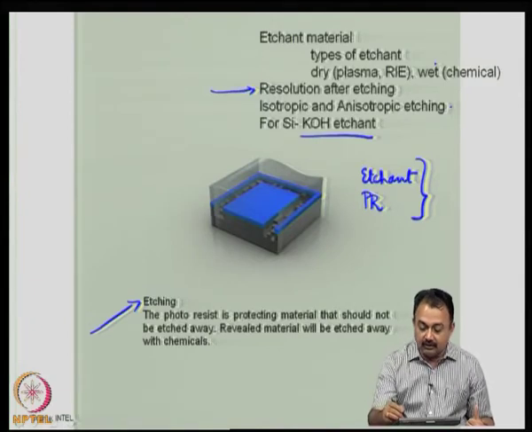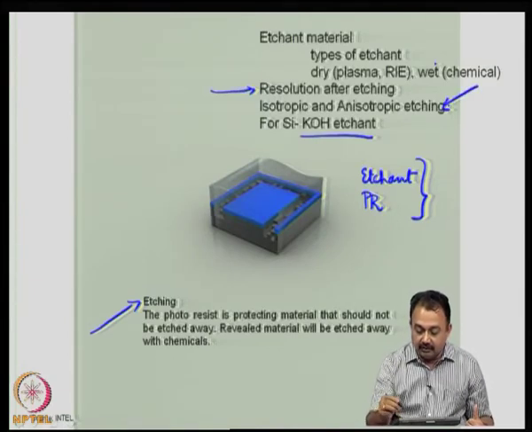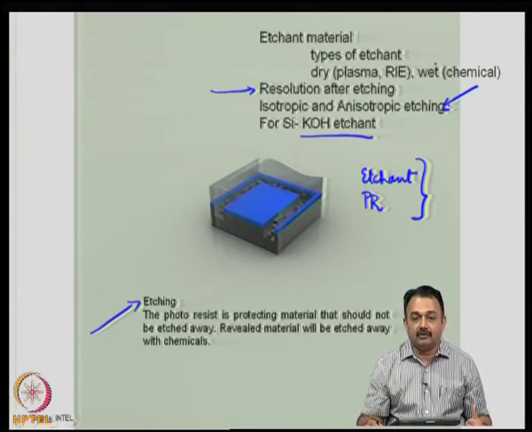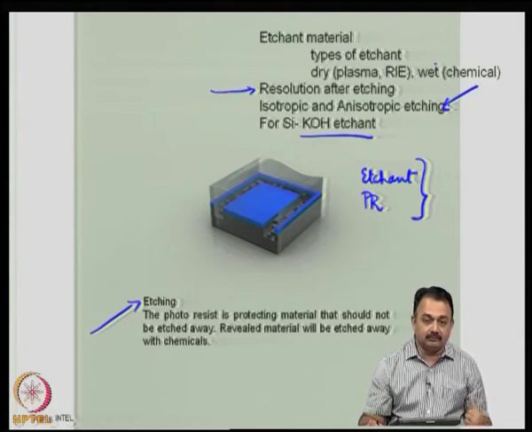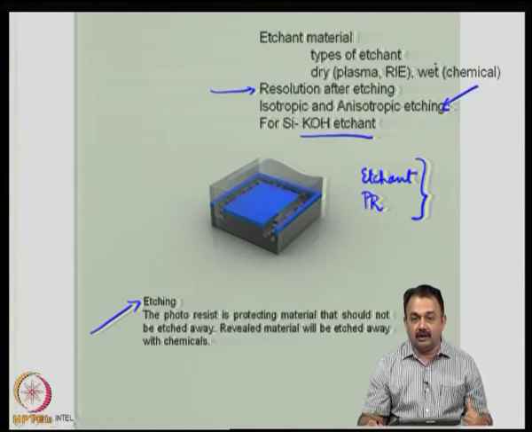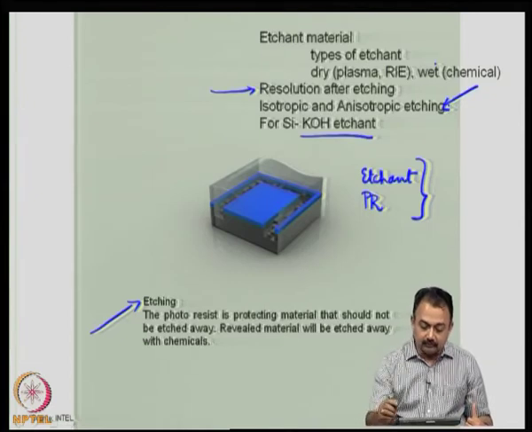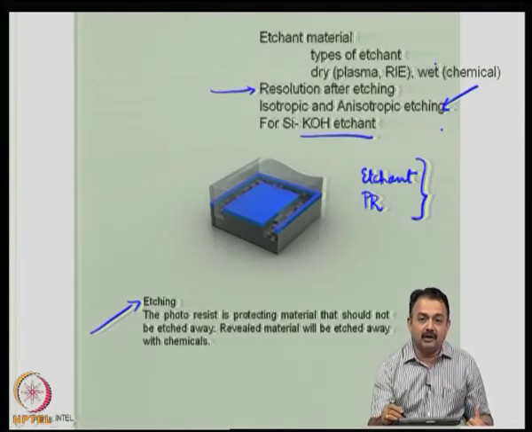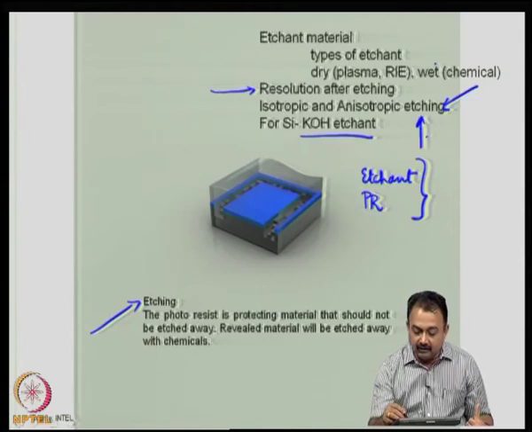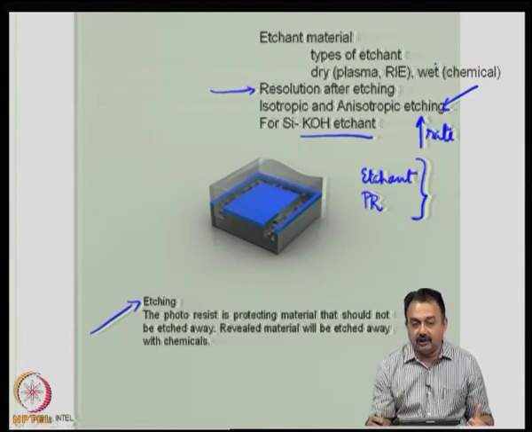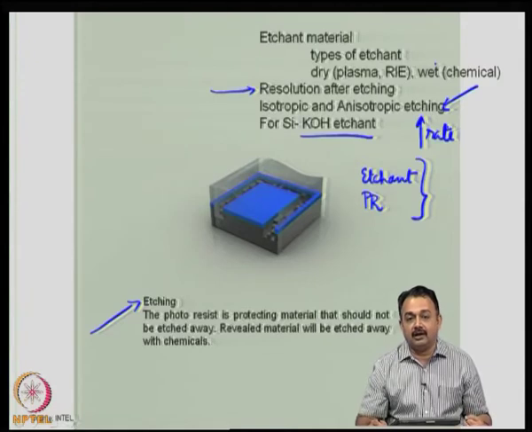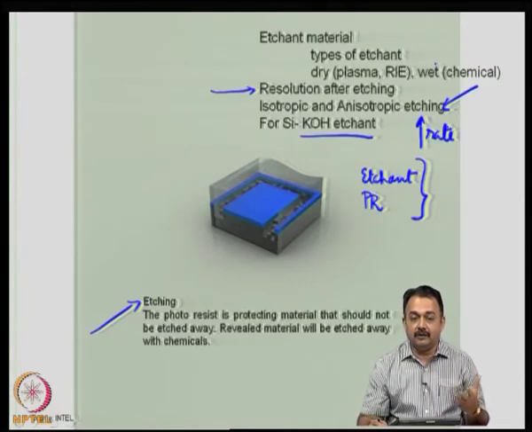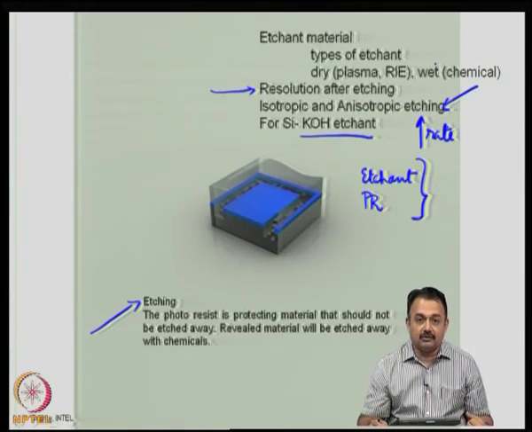In etching also you have a lot of problems, because you can have different types of etching, isotropic etching and anisotropic etching. Some chemicals are isotropic and some etchants are anisotropic. So, depending upon the thickness that you have and the rate of etching that you want, you can choose between isotropic and anisotropic etchants. Each will give different types of defects. So, one has to be very careful to choose the etchant type.